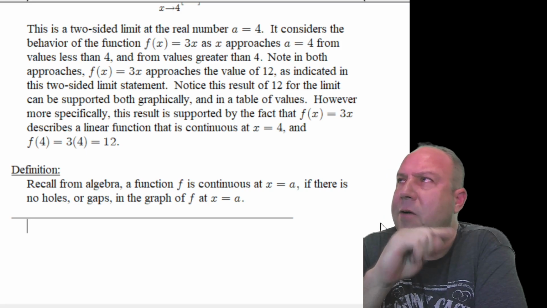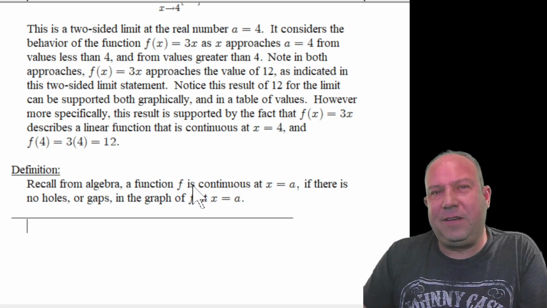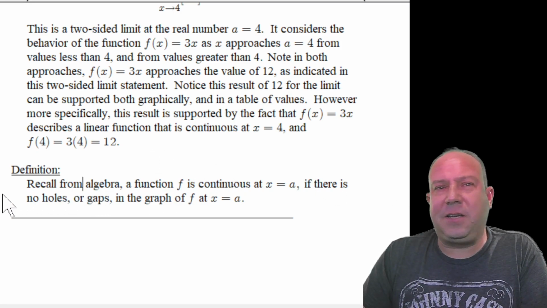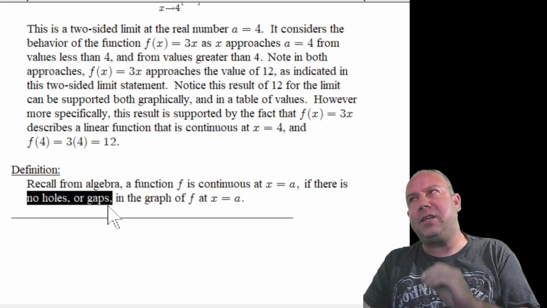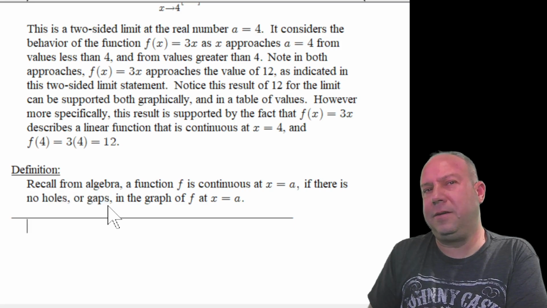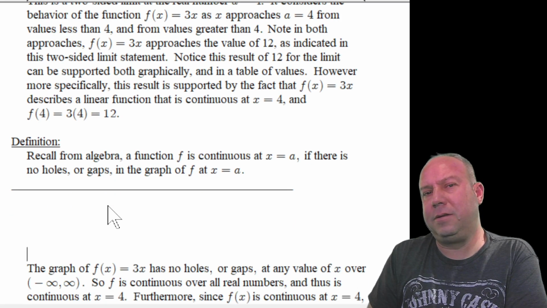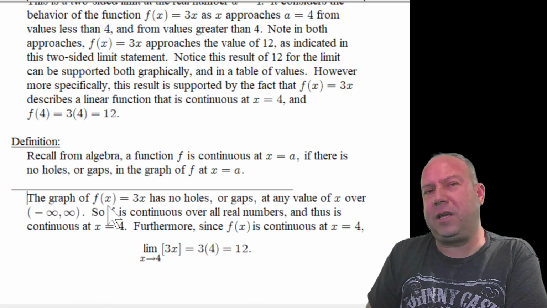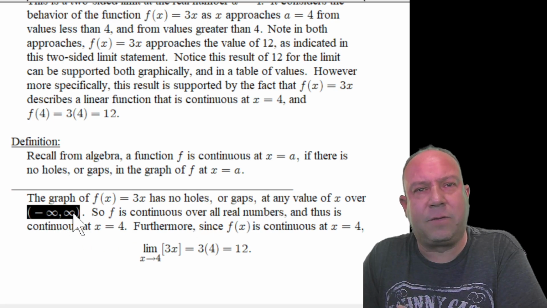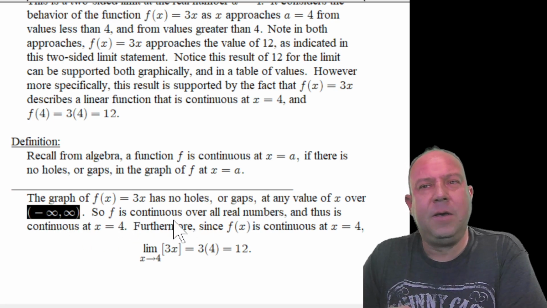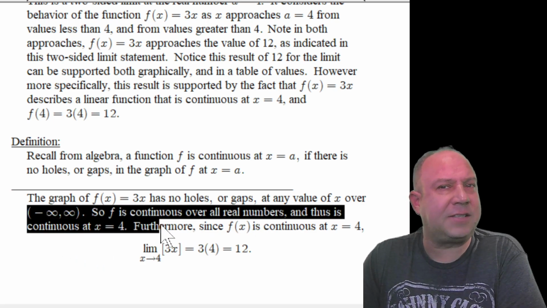Now, in calculus, we take that idea that a function is continuous at x equal to a if there are no holes or gaps at x equal to a, and we give it a calculus understanding. We note here again that the graph of 3x has no holes or gaps at any value of x over the interval from negative to positive infinity. So f is continuous over all real values and thus is continuous at x equal to 4.